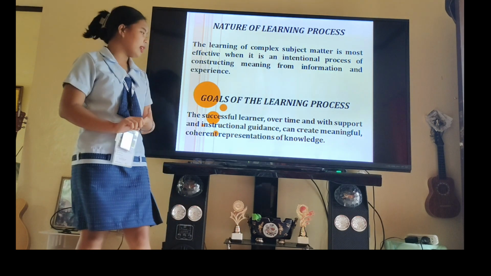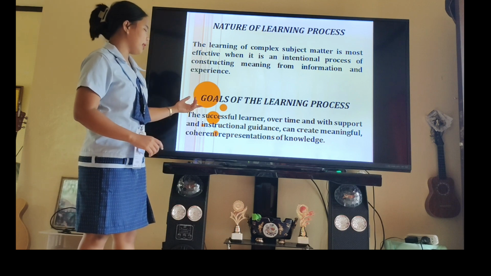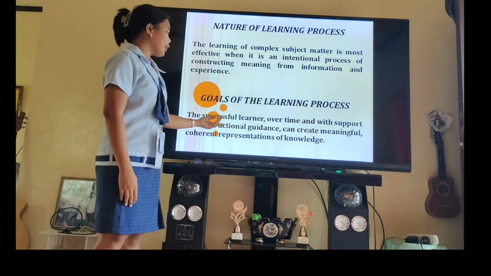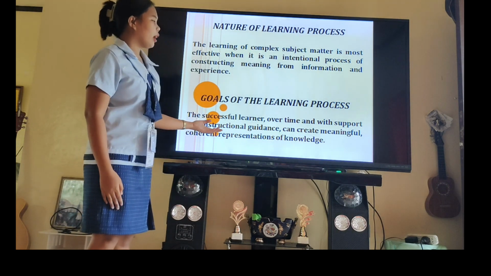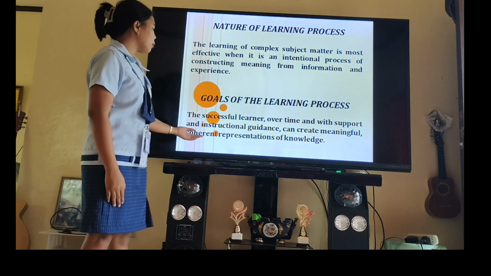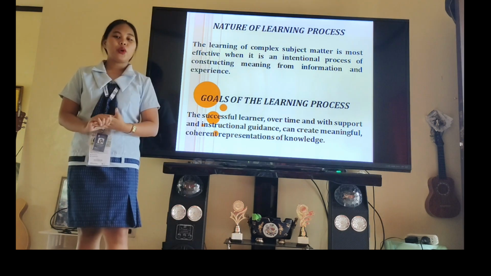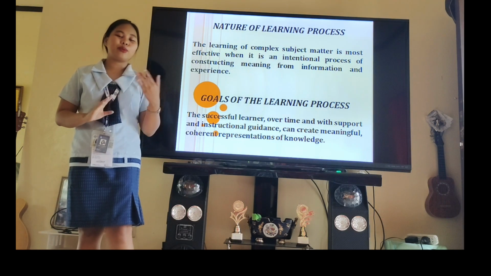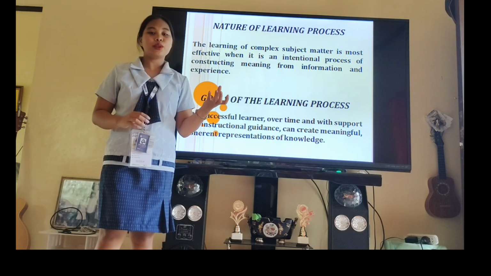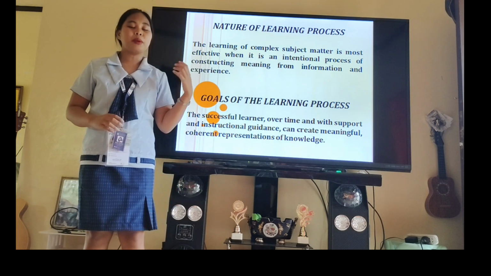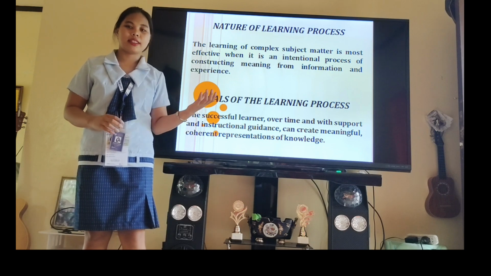The second one is the goals of learning process. The successful learner, over time with support and instructional guidance, can create meaningful, coherent representations of knowledge. Meaning that if there is support or guidance from teachers or parents, the students will have the energy and be motivated to learn more or to study more.